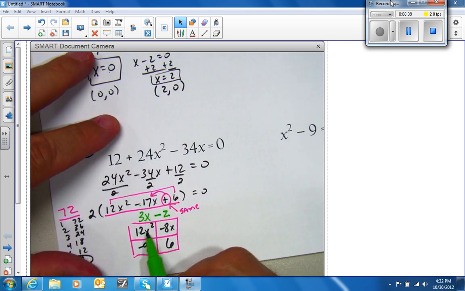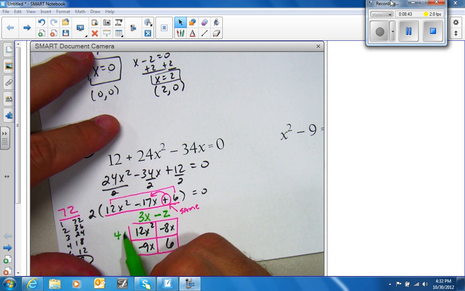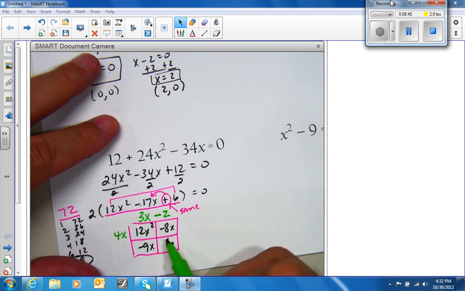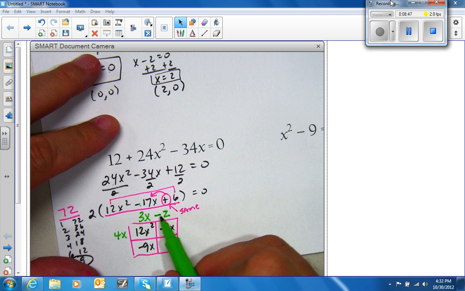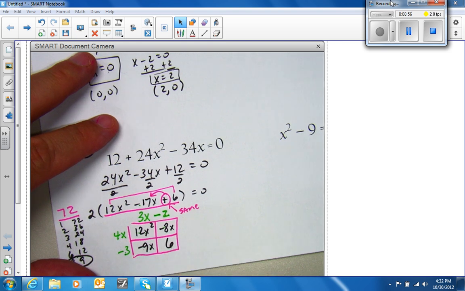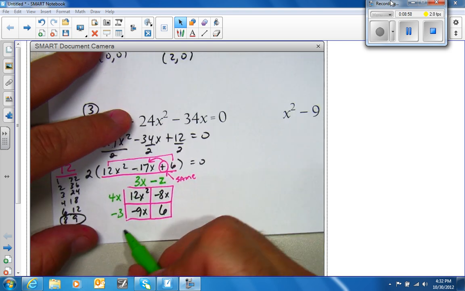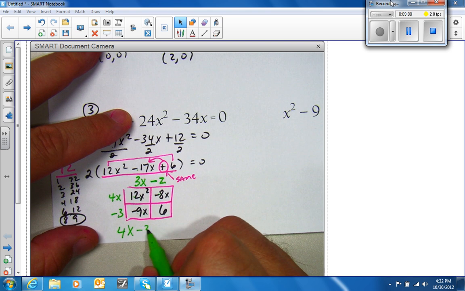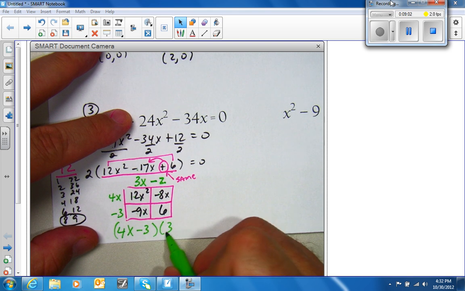Going straight across here, these 12 and 8 have a 4x in common. And in this one right here, remember this is a negative 2. So negative 2 times what gives me positive 6? Negative 3. And 9x and 6 have a negative 3 in common. So my roots, or my factors, are 4x minus 3 and 3x minus 2.